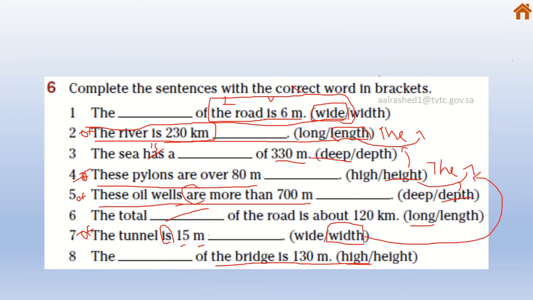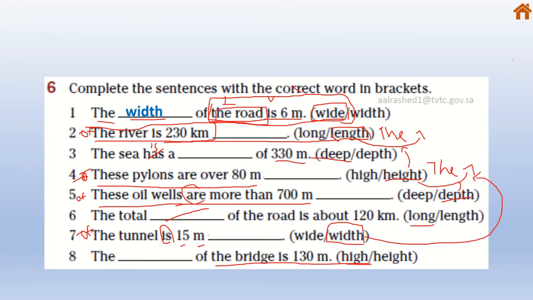And we talked about how to differentiate the use of adjectives and nouns in sentences, as in number one. Here we use the noun at the beginning, and before the noun we had the word 'the'.